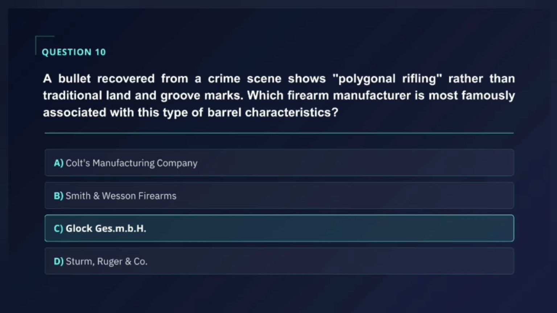Instead of traditional sharp-edged lands and grooves, Glock uses a series of smooth rounded hills and valleys known as polygonal rifling. This design provides a superior gas seal behind the bullet but makes traditional striated marks harder to match.